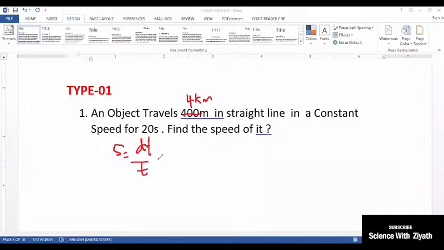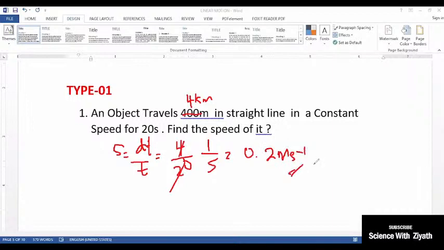What you will do actually, 4 over 20. Cut, 1 over 5, 0.2 ms minus 1. Is it correct? Never. No. You should change this kilometer into meter.